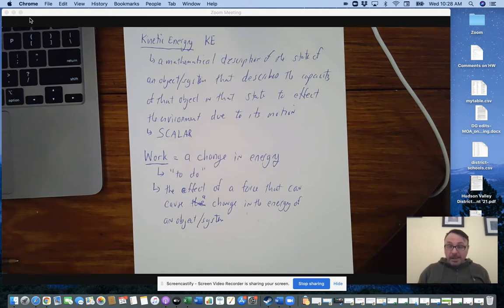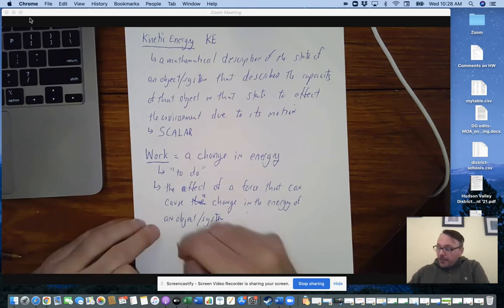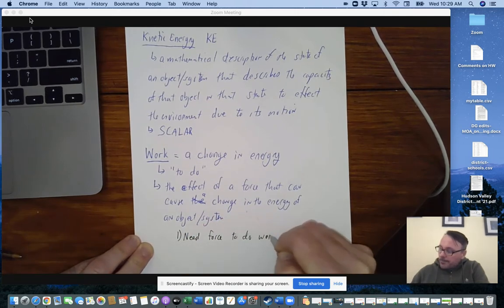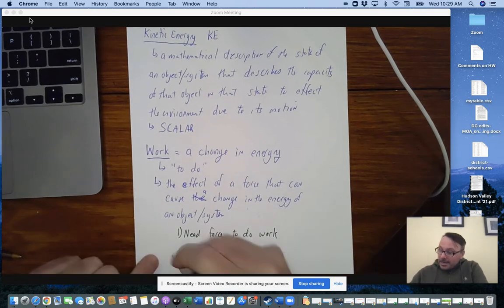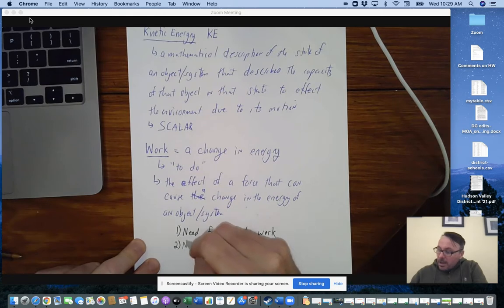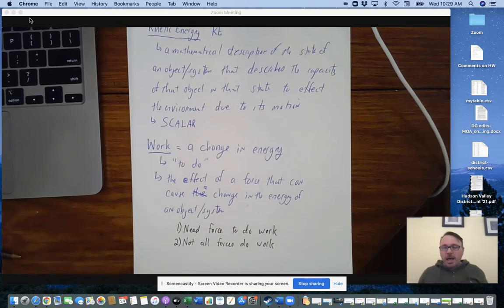So there's a couple of implications of that phrasing. The first implication is that we need force to do work. Okay. The second thing, hopefully, that you get from this is not all forces do work. And where's that coming from?